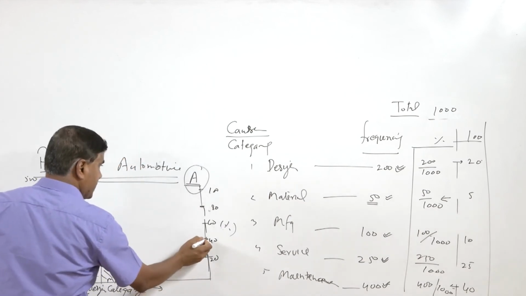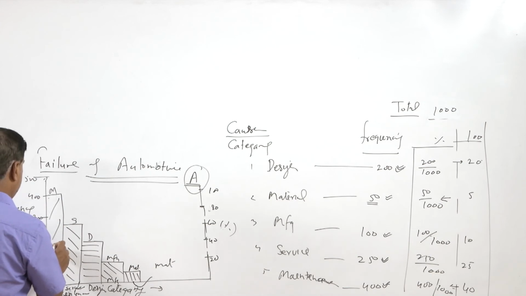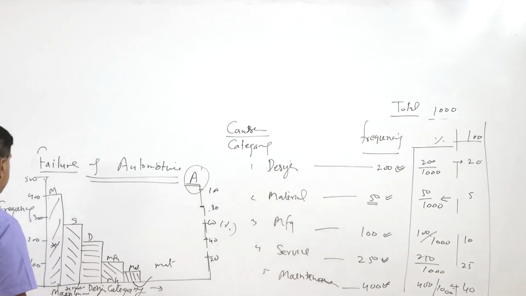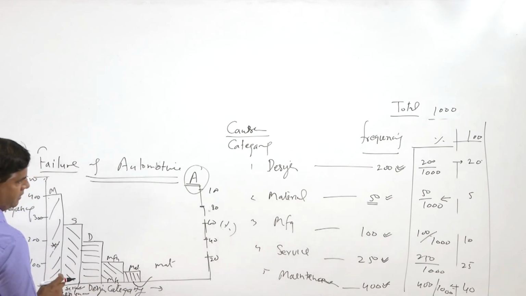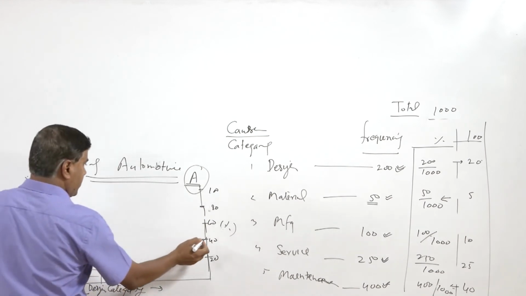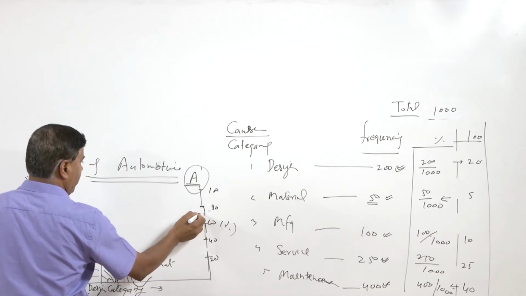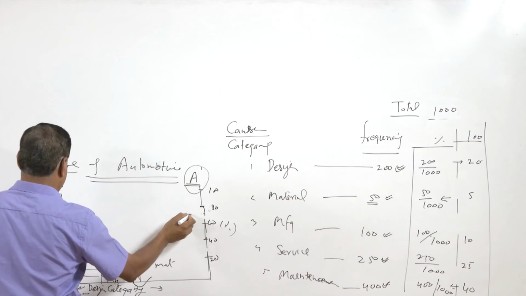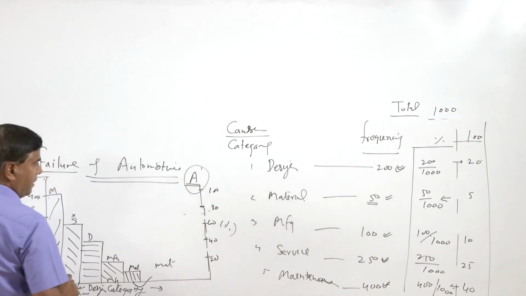The 40 percent contribution is coming from the maintenance. Then 25 percent contribution above this is coming from the service, so 25 will be here.